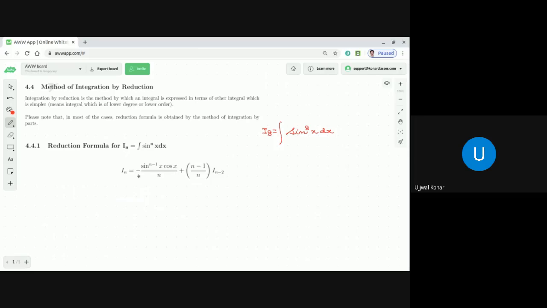Now, if you look into the reduction formula, I n is equal to minus sine to the power n minus 1 x into cos x by n, plus n minus 1 by n into I n minus 2. That means from I n, it is reduced to I n minus 2. Let me write this in a little better manner.